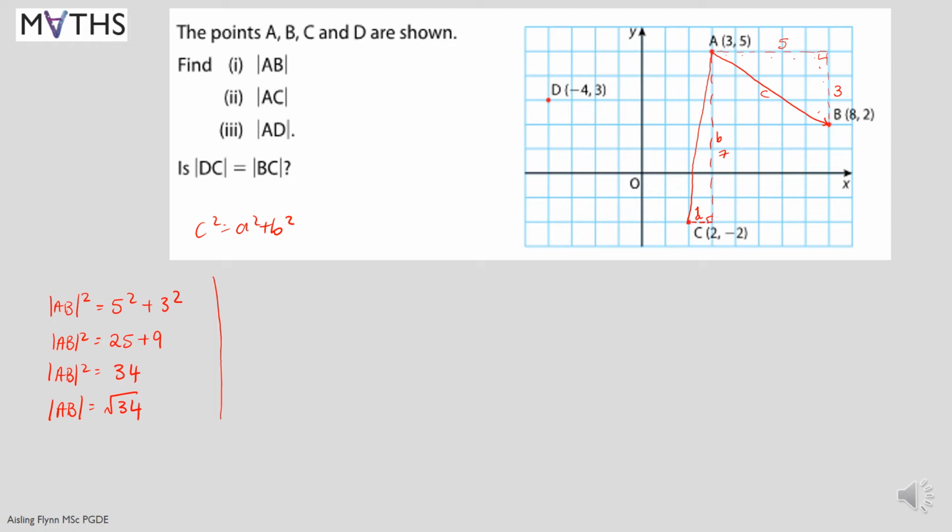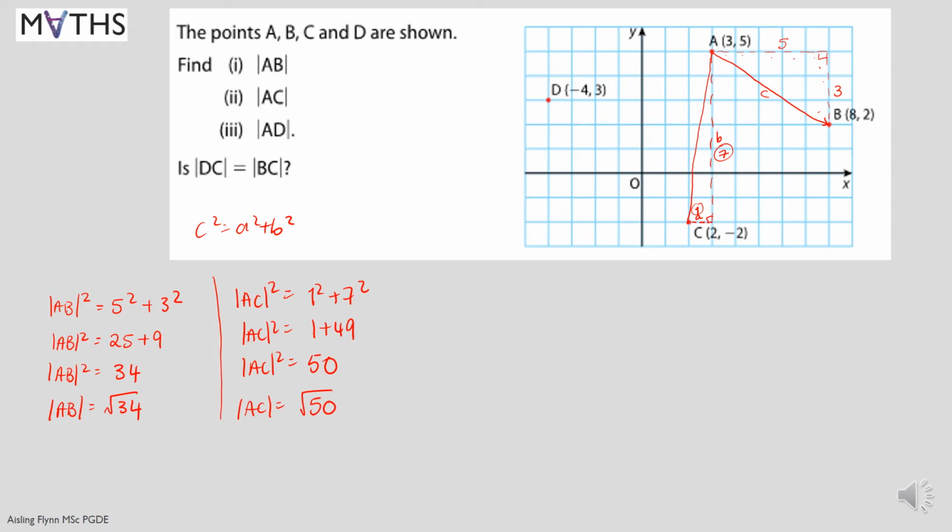B is 7 units up. Okay, so 1 and 7 are my a and b here. So I get AC squared equals 1 squared plus 7 squared. AC squared is 1 plus 49. So AC squared is 50, and AC will be the square root of 50.